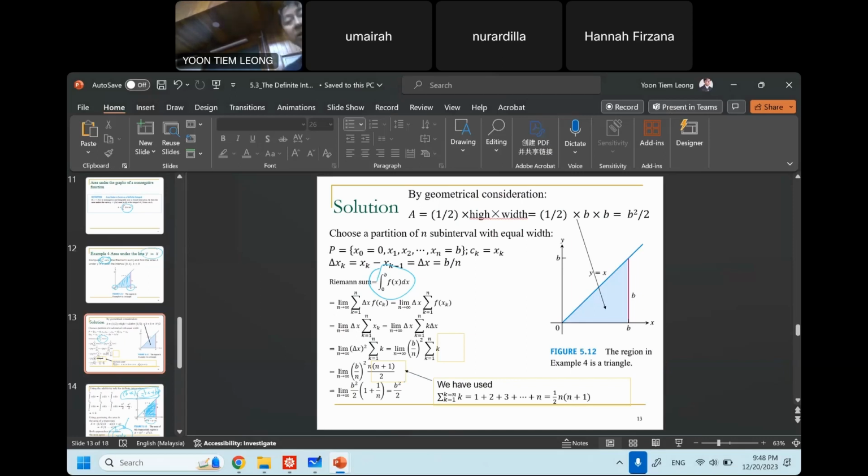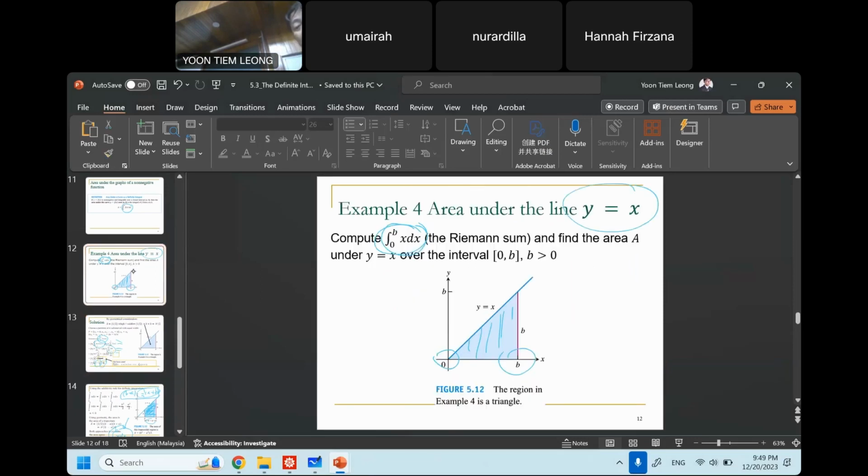So you make partitions, you calculate and evaluate the Riemann sum, and finally, after you have gone through all this painstaking process of summing these combinations, you arrive at this expression, and you find that indeed the Riemann sum for this function between 0 and b is equal to b squared over 2, which is exactly the same as you would obtain from geometrical consideration.